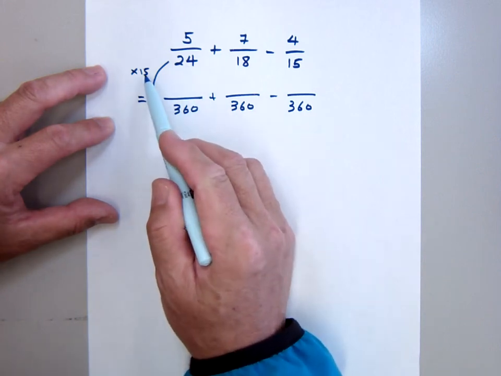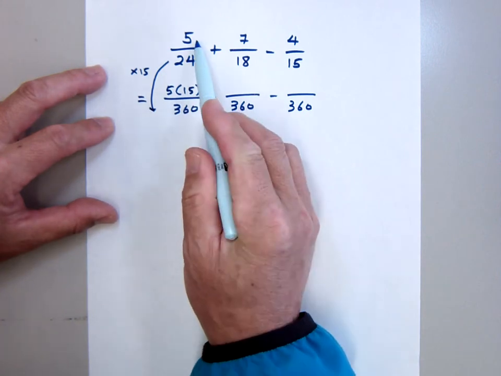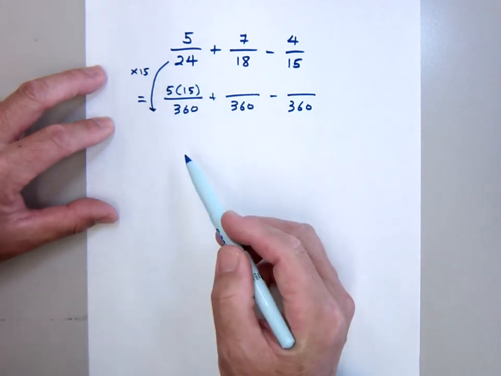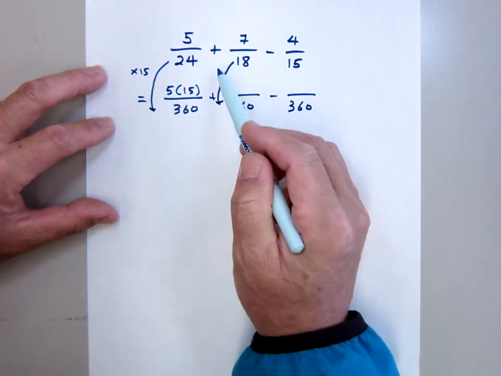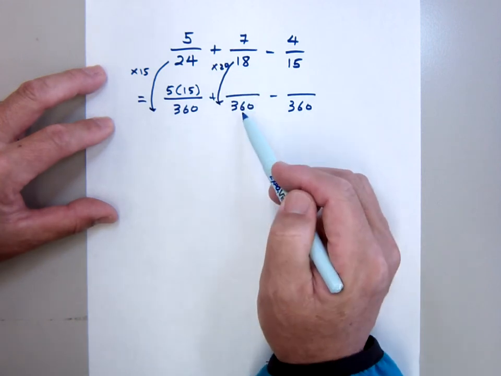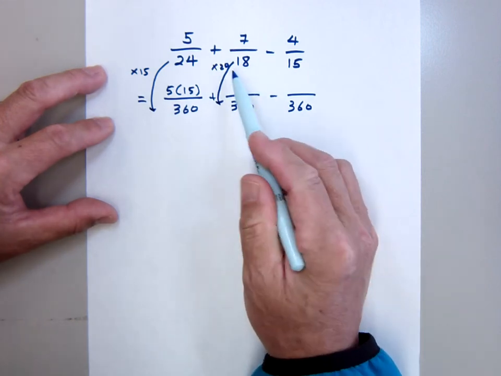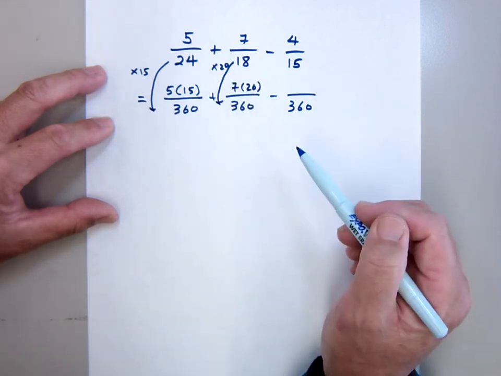And this multiple 15 needs to multiply our numerator 5. We repeat this process. 18 times 20 will give you 360, so that 20 needs to multiply the numerator 7.